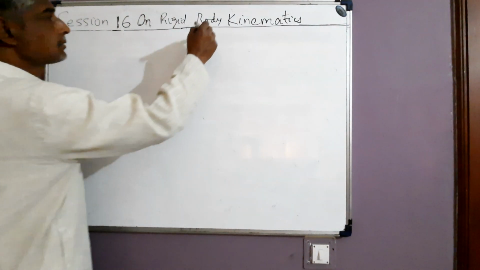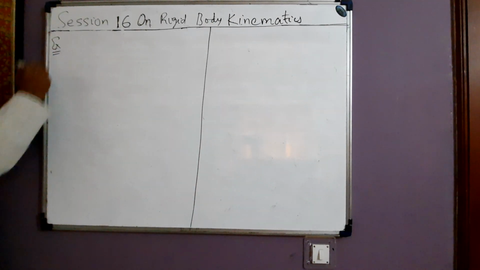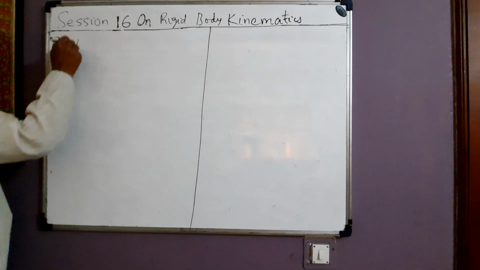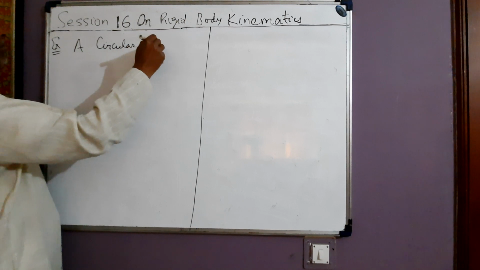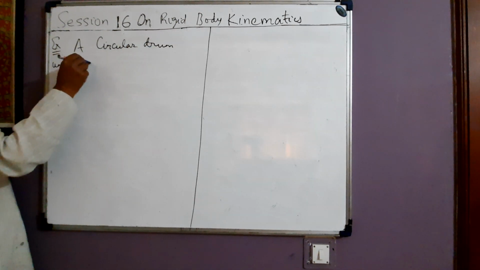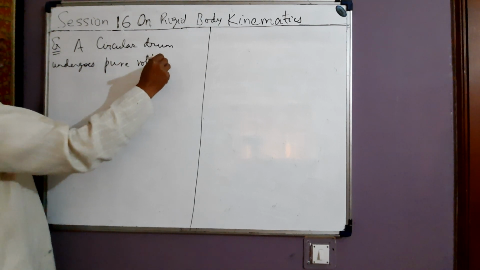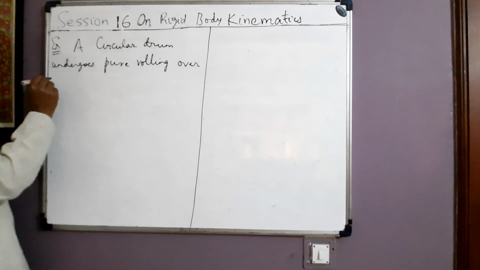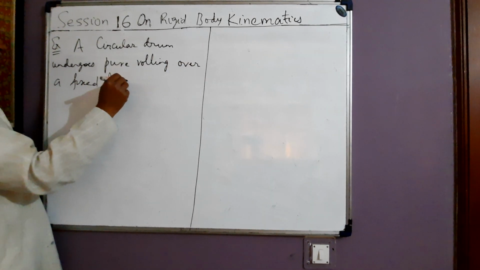So the question is this. A circular drum undergoes pure rolling over a fixed horizontal surface.